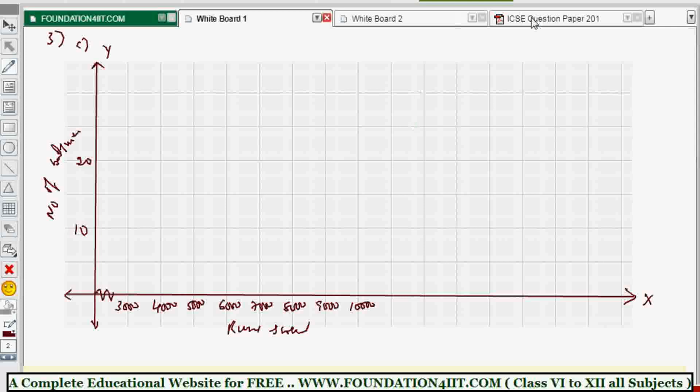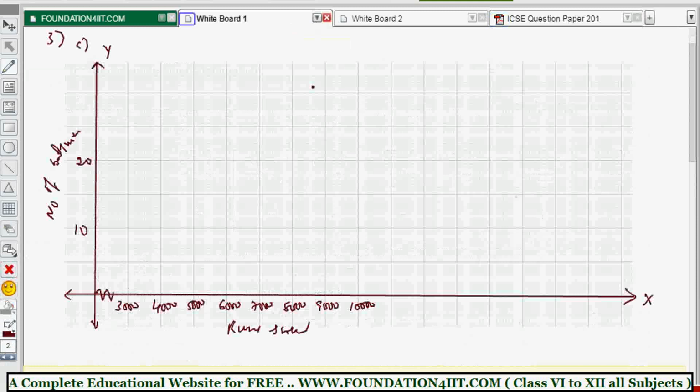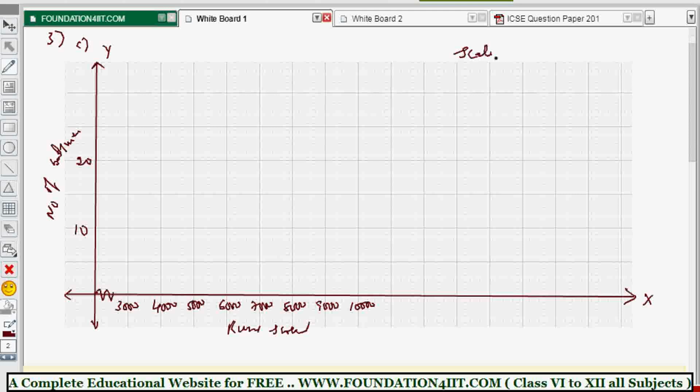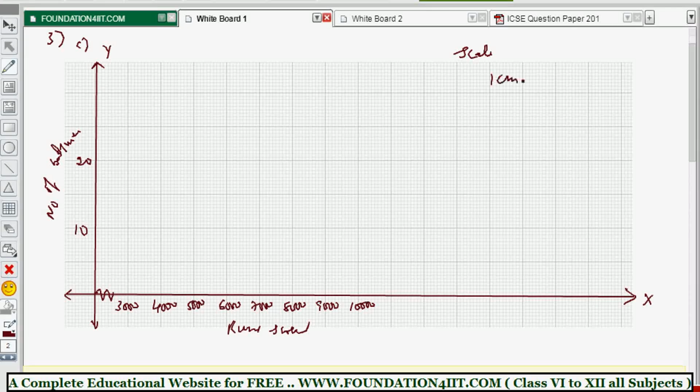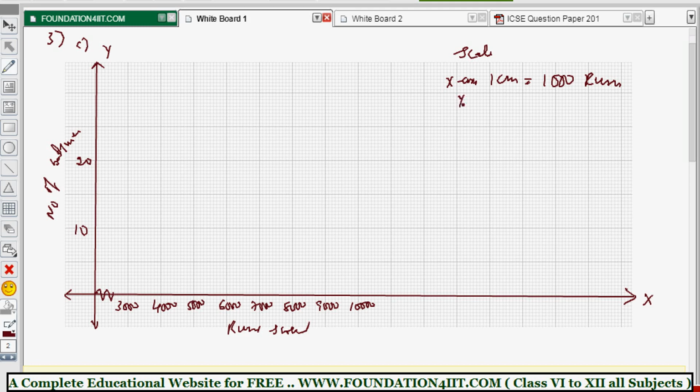First of all, the first data is 3000 to 4000 is 4. On the x-axis, 1 centimeter is 1000 runs. If you see the scale, 1 centimeter is equal to 1000 runs. That is x-axis. And y-axis is again 2 centimeters. So I took 2 centimeters is 10 batsmen.